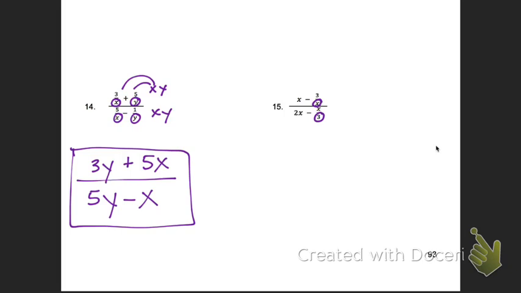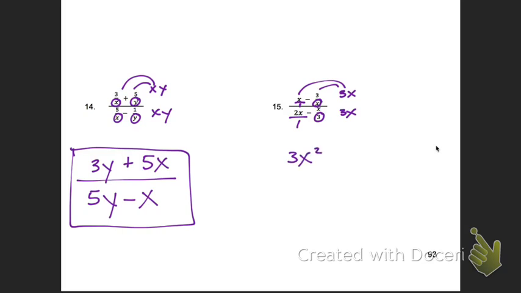3x. So I'm going to multiply the top by 3x and the bottom by 3x, and I'm going to distribute. So what happens in the top left? What's left? Nothing, because these are technically over 1. So 3x times x is what? 3x squared.